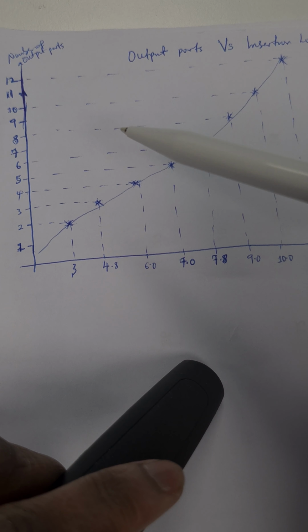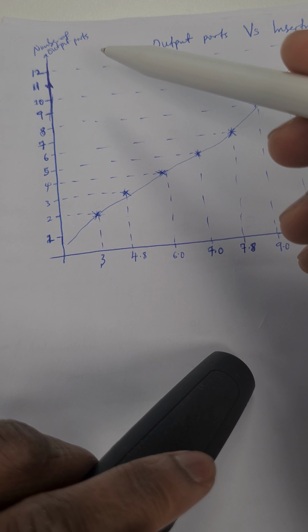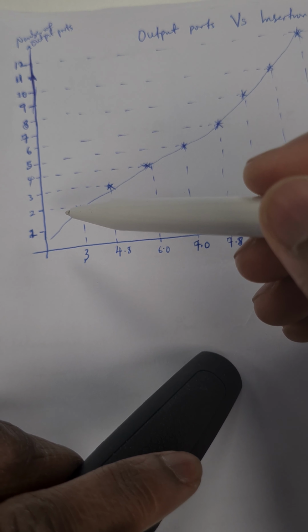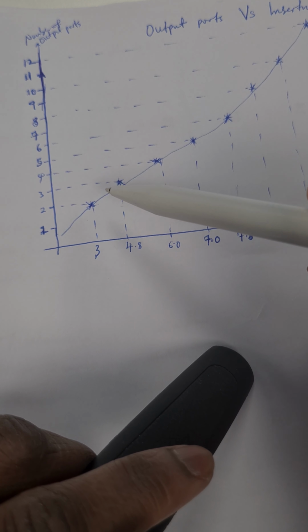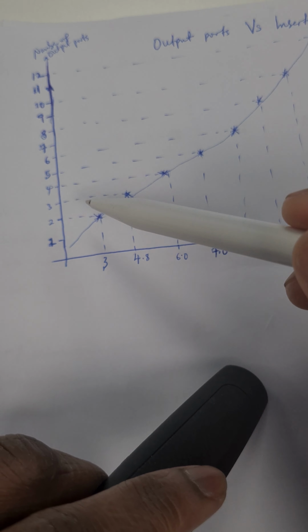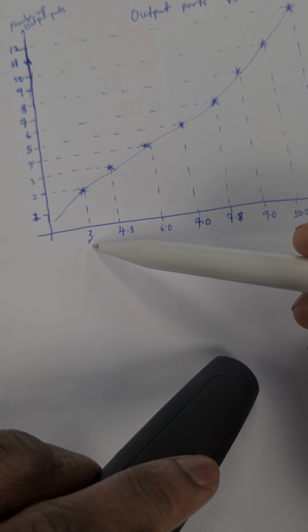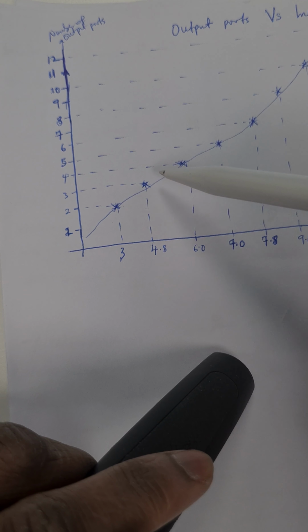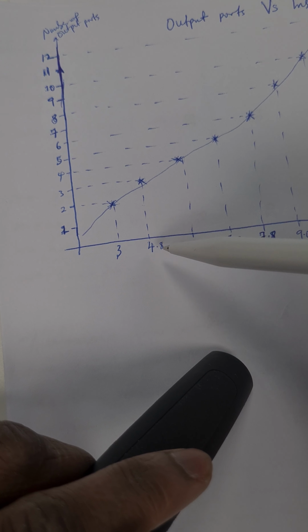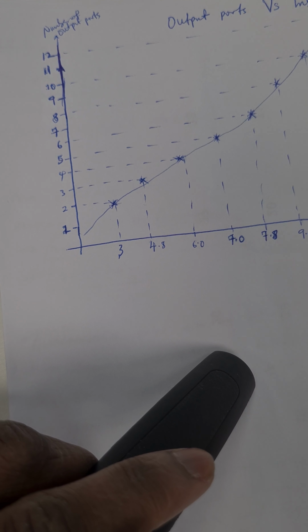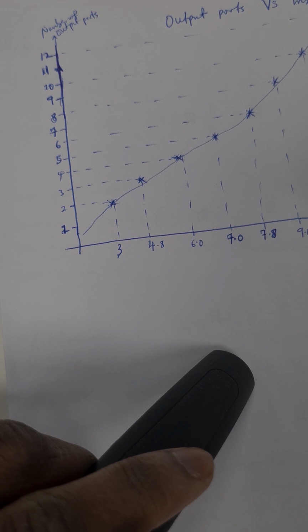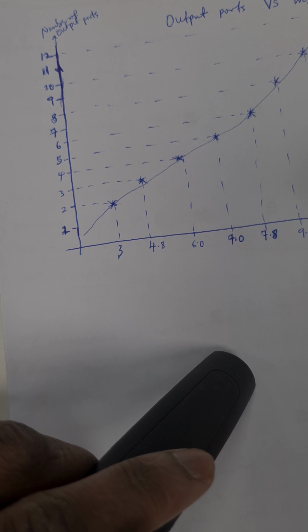Here you can see this is the number of output ports. Whenever you have two ports, your insertion loss value will be like 3 dB, and when you have 3 ports, your insertion loss value will be around 4.8 dB. This is theoretical anyway. It could be different in your own case, depending on so many factors.